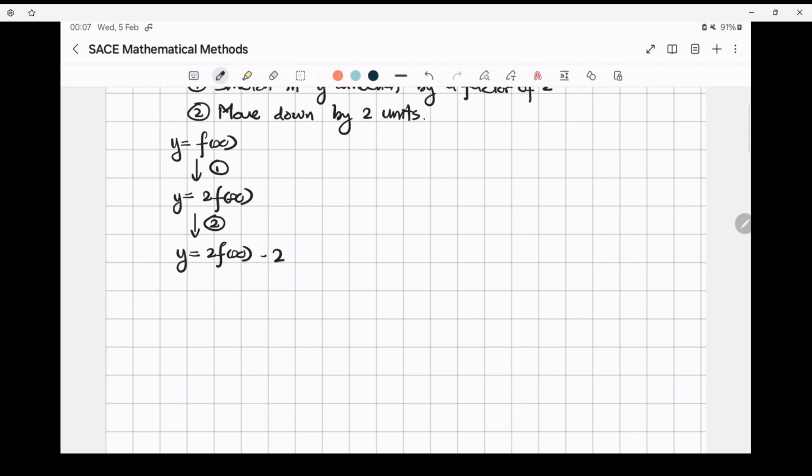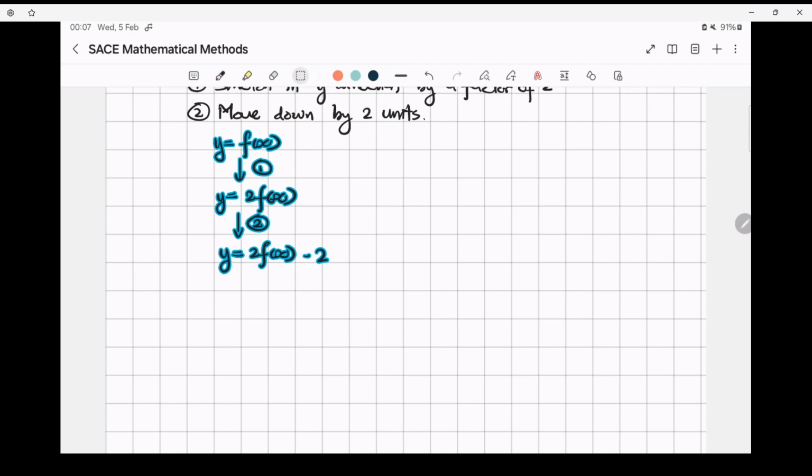What happens when you do 2 first and then 1 later? You start with y equals f(x). After you do number 2 first, you get f(x) minus 2.